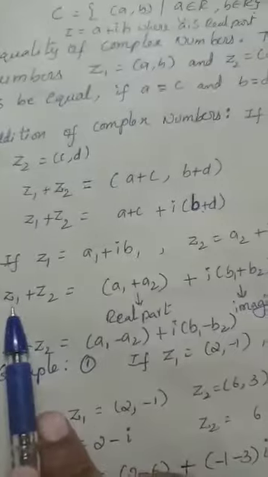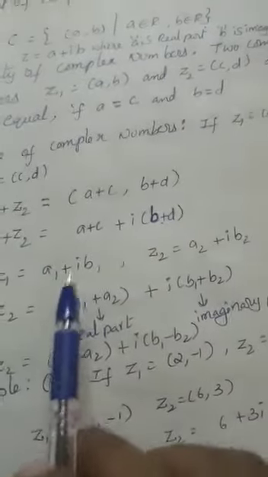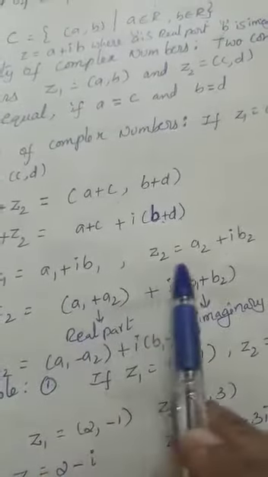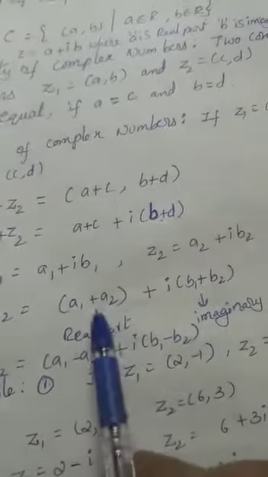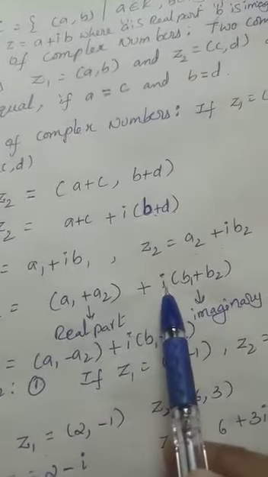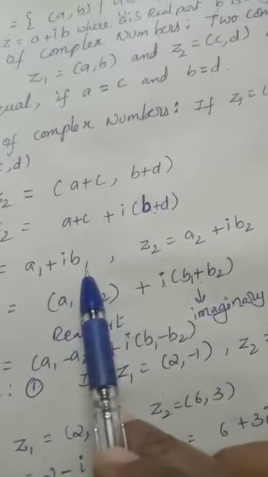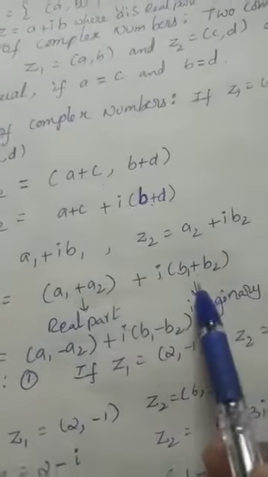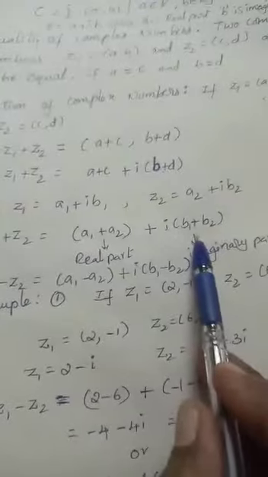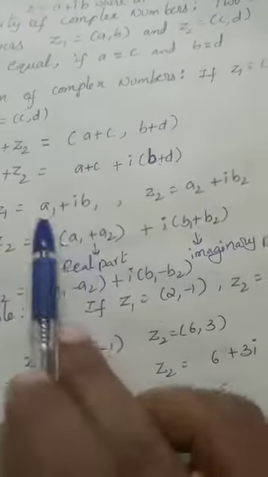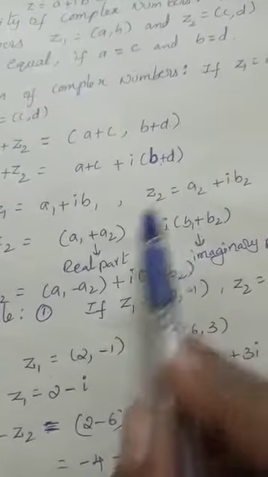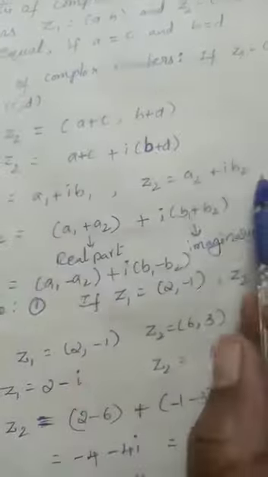So if you want to add Z1 plus Z2, then add real parts A1 plus A2. This is real part, plus i into what are the imaginary parts? B1 plus B2. So this is imaginary part. If you add both real parts, you will get real part. Both imaginary parts, you will get imaginary part.